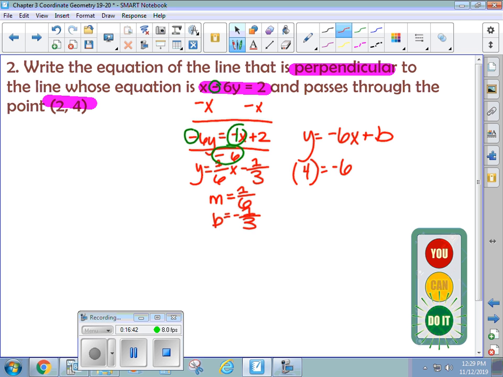So the slope of that line is positive 1/6. When I flip the fraction, change the sign, I do get negative 6. That's probably the hardest it's going to get right there, because they know that you're going to forget that negative sign in front of the 6.